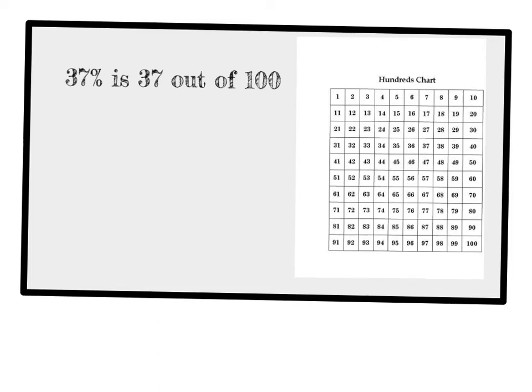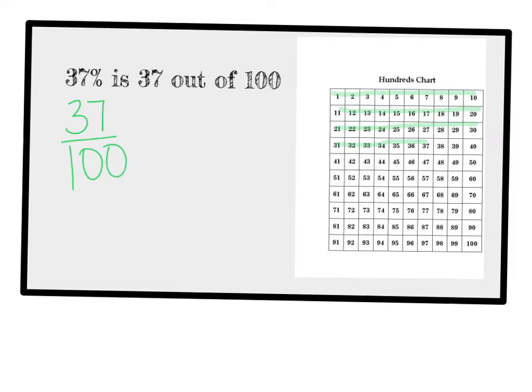What does that look like on a hundreds chart? So one really simple way to do that is to highlight the numbers represented by the fraction, 37 out of 100. Another visual representation that we can have is we can write this as a fraction, 37 over 100.